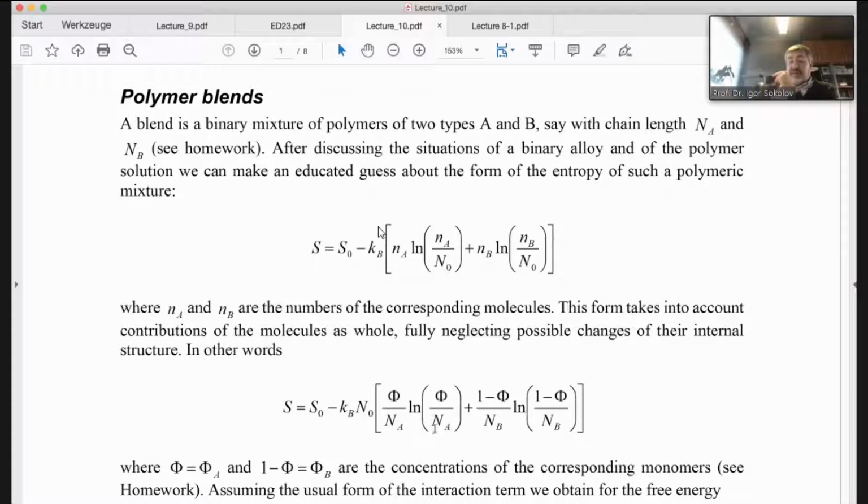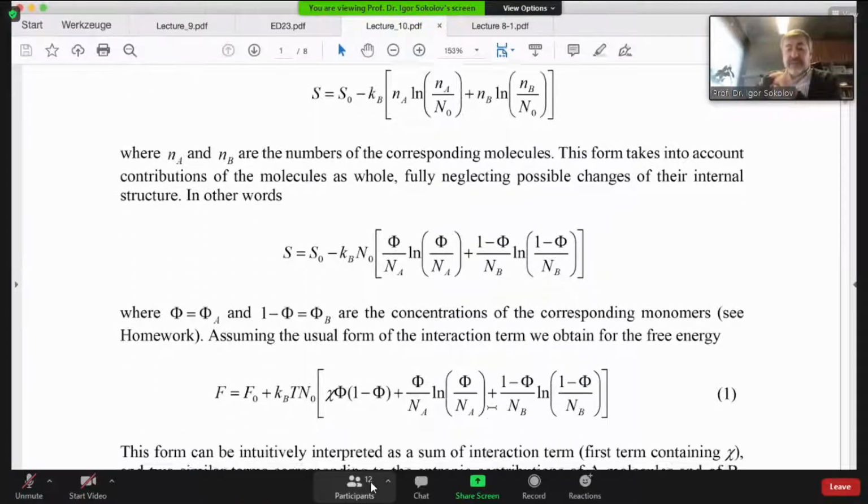Now, the existence of ln phi divided by Na is not very interesting, because we will see that these terms, which are linear in concentrations, do not give any physically important contributions, but the rest is important. Let's have a look at what happens.